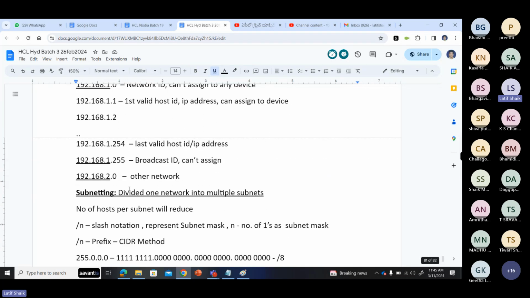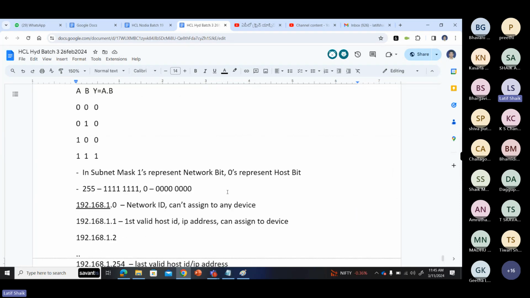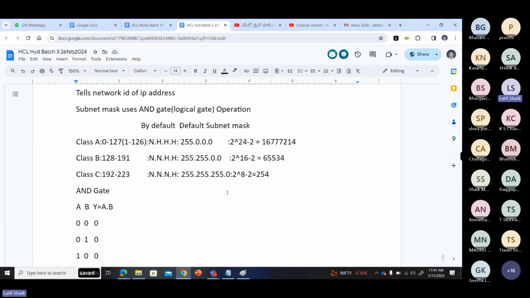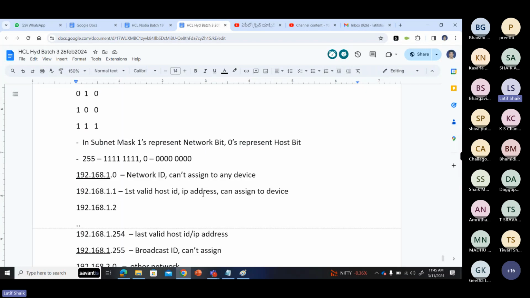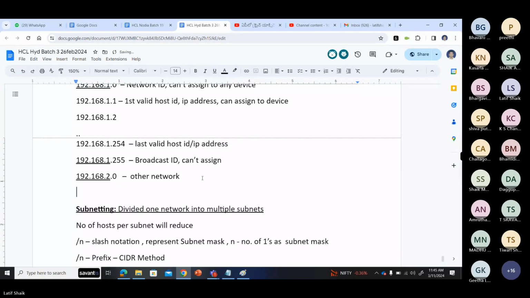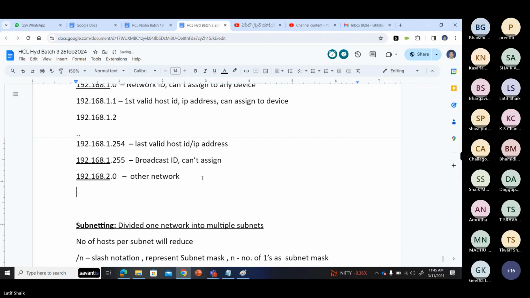Before going to the subnetting concept, I will show you how to calculate the subnet mask. So how to find the network ID of an IP address?